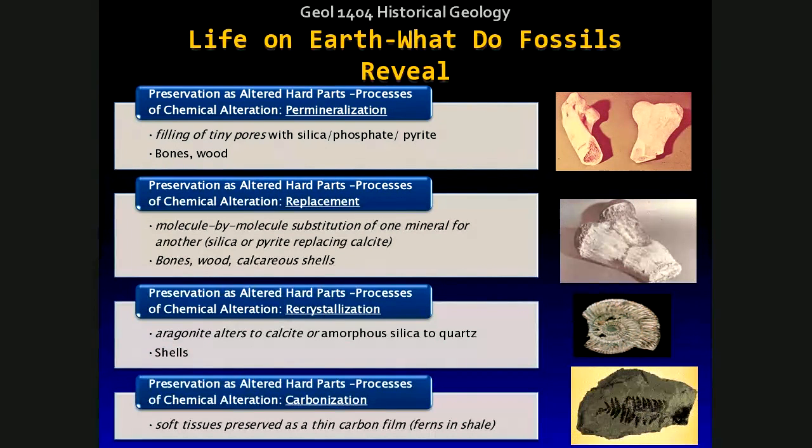Right? So a good example for this kind of fossilization can be leaves of fern getting carbonized and leaving a thin, shiny film of carbonized material. So these are some examples for alterations the hard parts can undergo during the fossilization process.